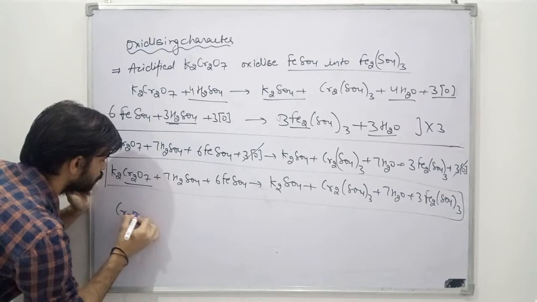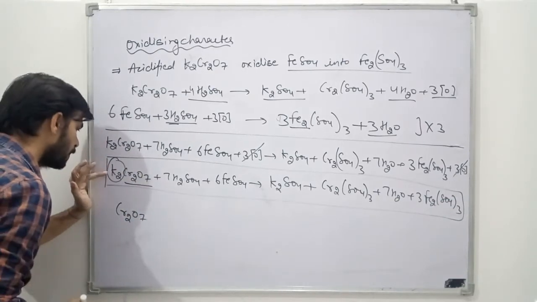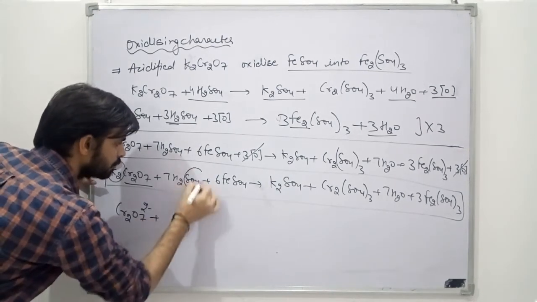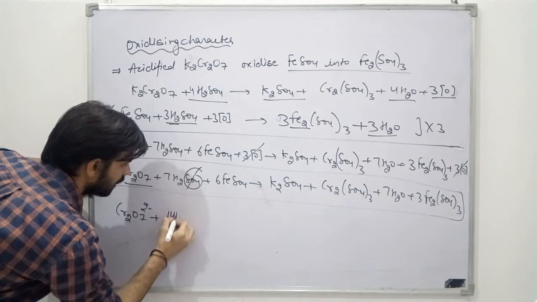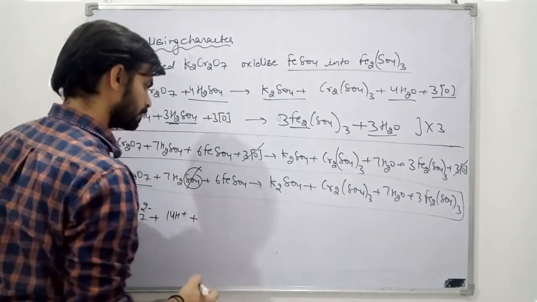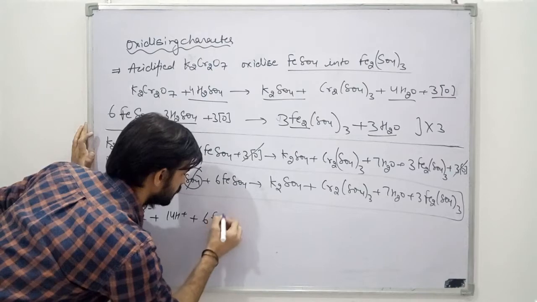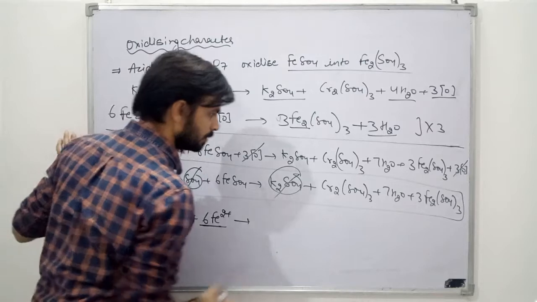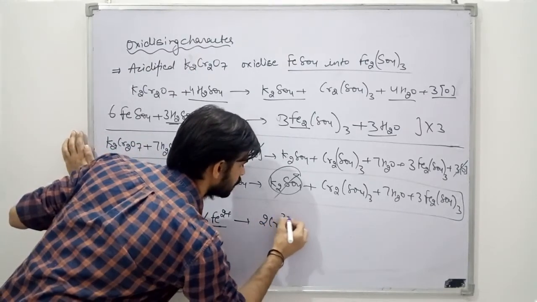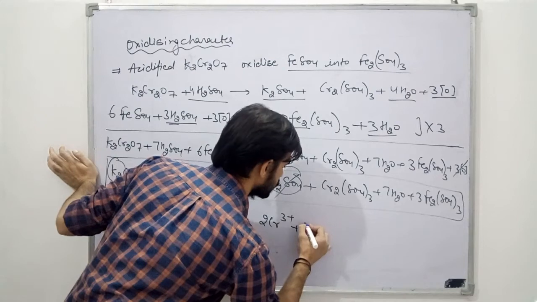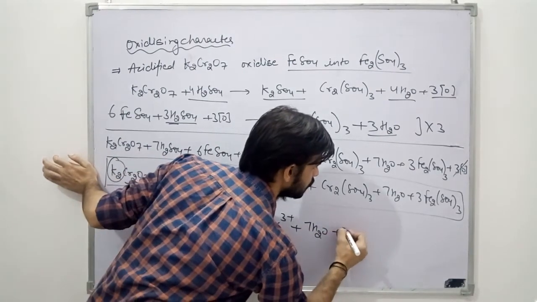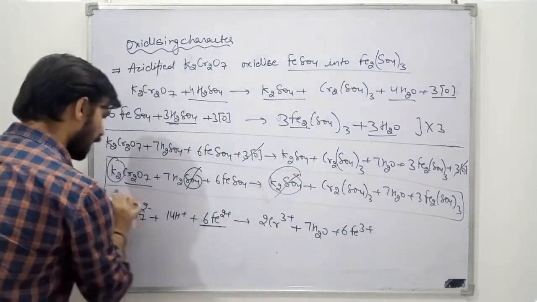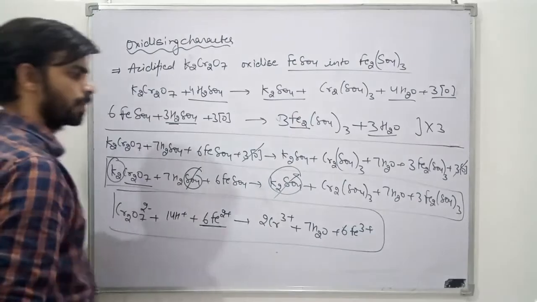Cr2O7, because we have to ignore its K2, converts into Cr2O7 2 negative, plus we have to neglect sulfate, that means 14H plus ions, plus 6 times of Fe2 positive, ferrous means 2 positive, we have to neglect this, then twice of Cr3 positive, then 7 times of H2O and 6 times of Fe3 positive. This is your ionic equation.